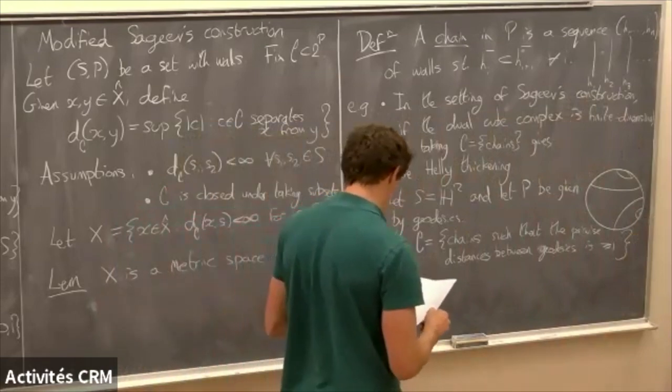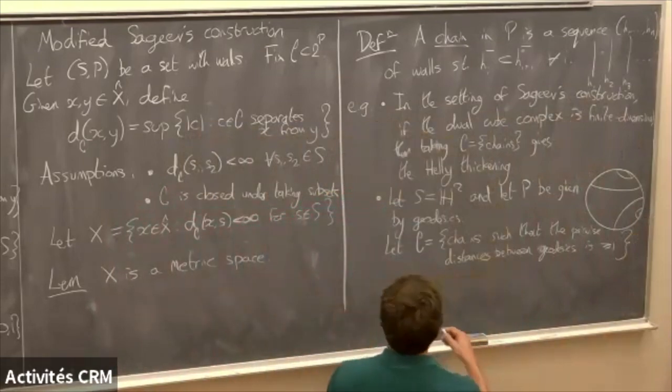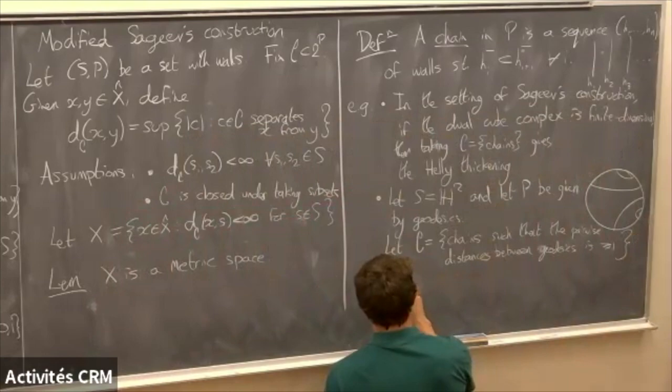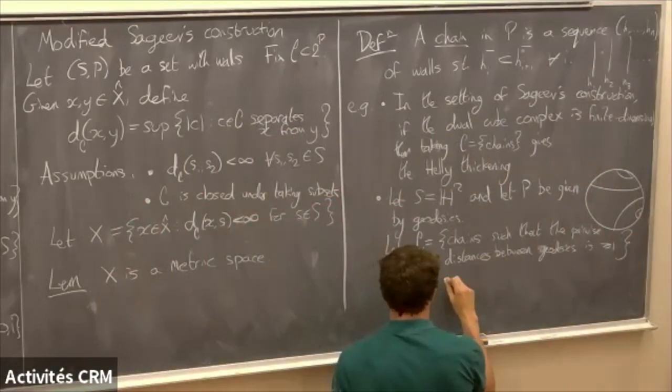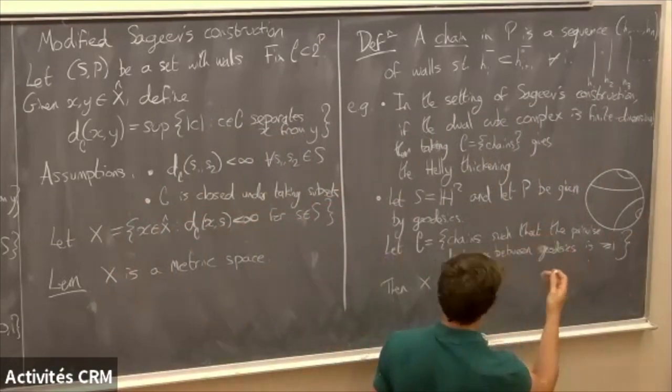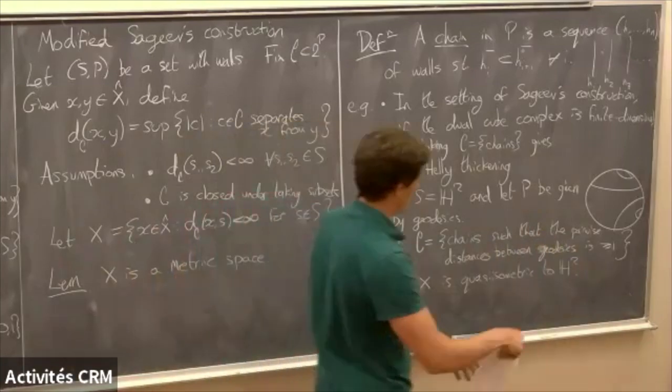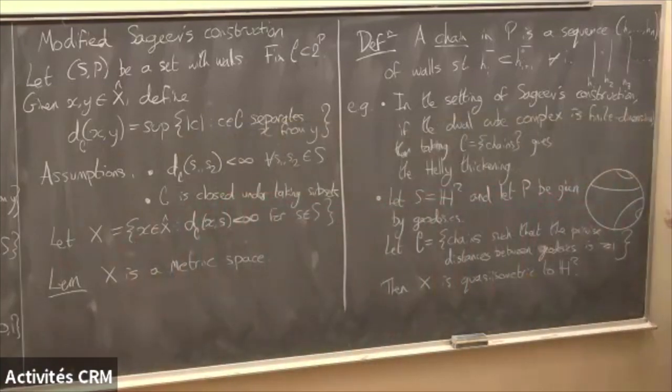Then if you do this, the dual space that you get is quasi-isometric to H2. So the walls are, here's a wall. Take a geodesic and it cuts the hyperbolic plane into 2 parts. The wall is just, you throw the geodesic into one of the parts, and then it's those 2.